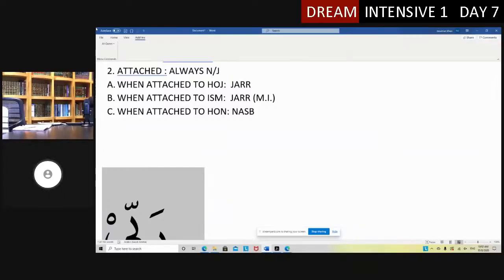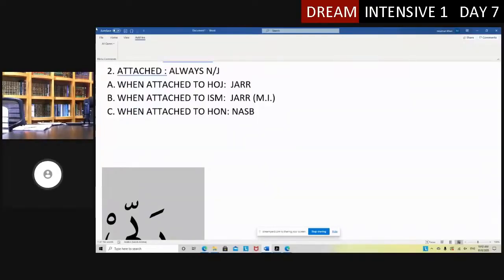Nisar, please explain long distance relationships. When we talked about mudaf and mudaf ilay, and the harf of jar and its victim, we said that the victim and the mudaf ilay always have to come right after the mudaf or the harf of jar. This isn't true for a harf of nasab though. If we have a harf of nasab, then we can have some words in between its victim.